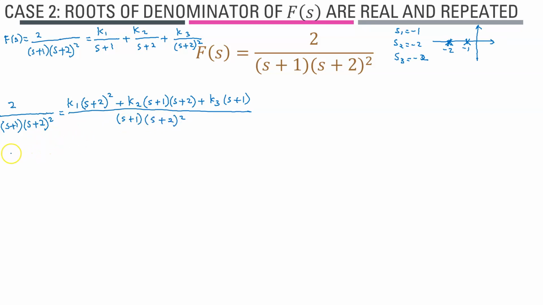So we can write the numerator only, which is 2 equals, now you have to expand this and multiply with k1.